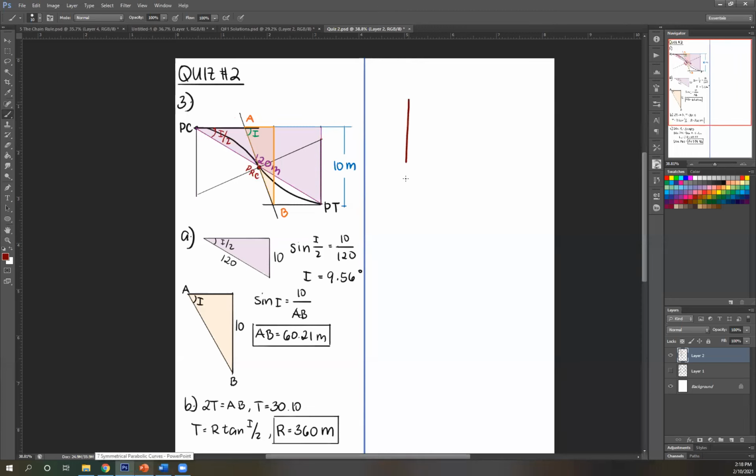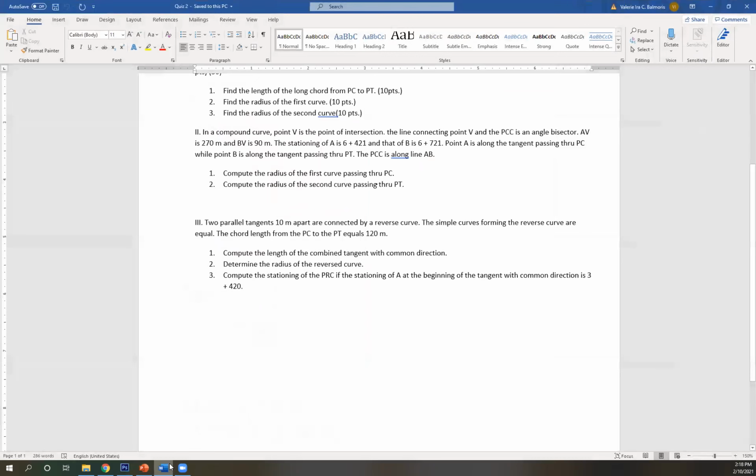Or if you want, you can draw it this way. And then this is 10. Okay, so this is your reverse curve, your parallel tangents. Next, the simple curves forming the reverse curve are equal, then the chord length from PC to PT equals 120.